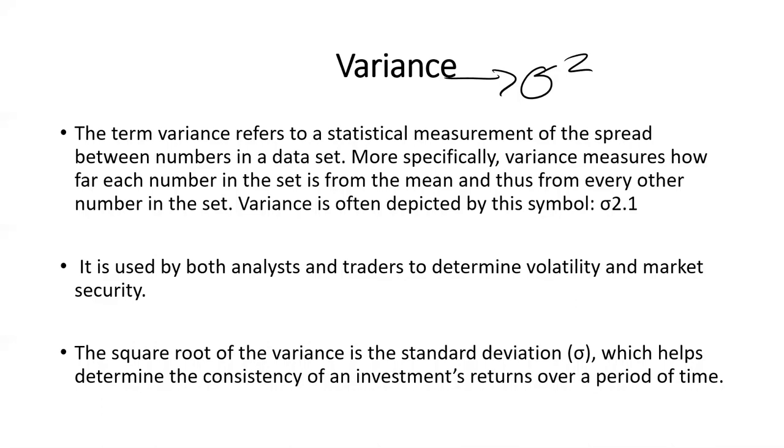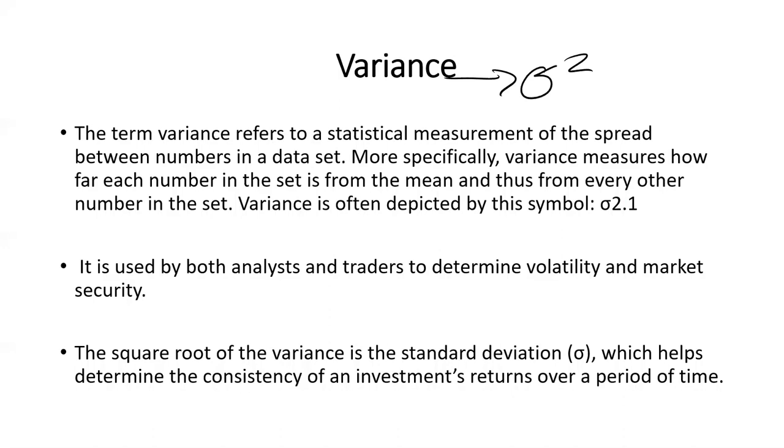When we were discussing our CAPM model, there we saw the sigma sign, but that was only the standard deviation, representing the systematic risk. Here, analysts and traders both use this variance.